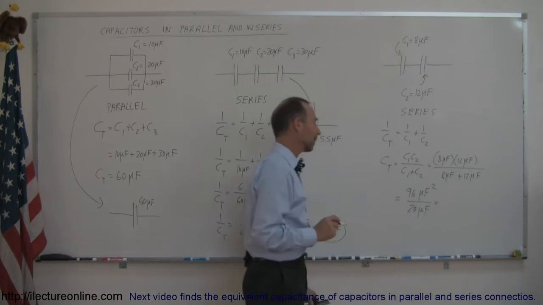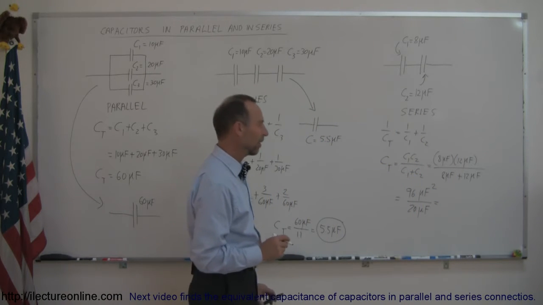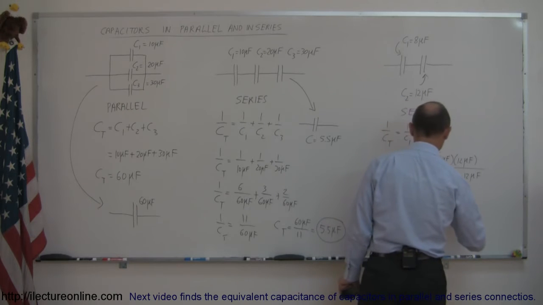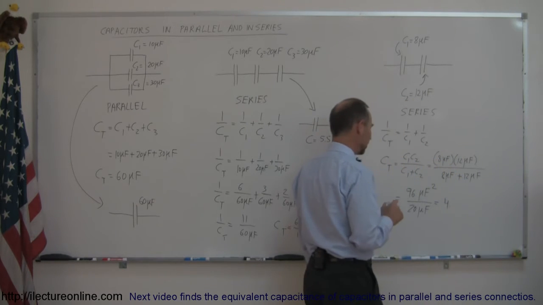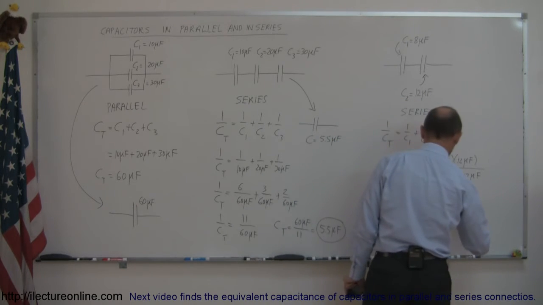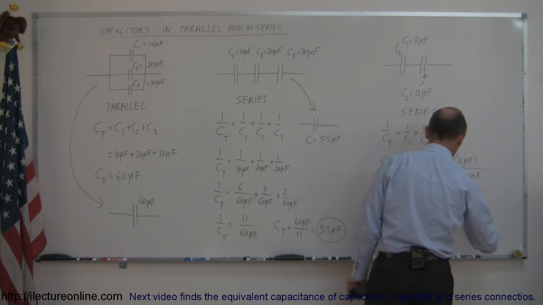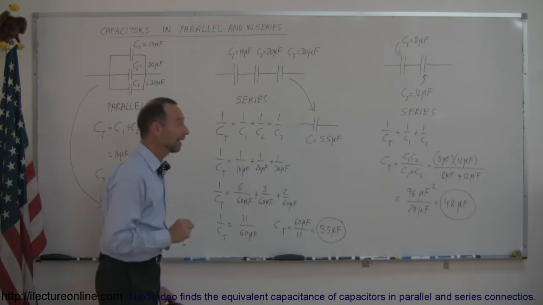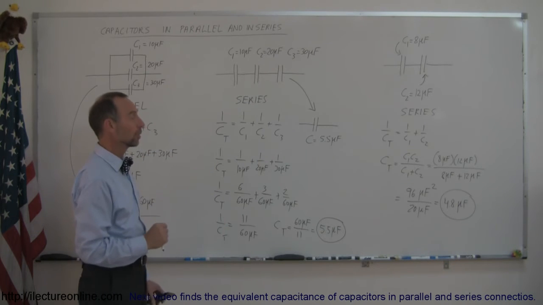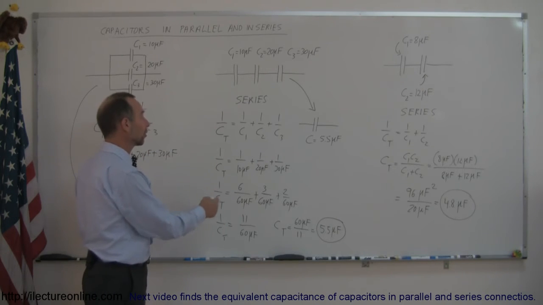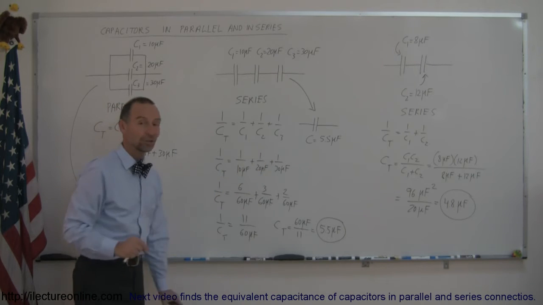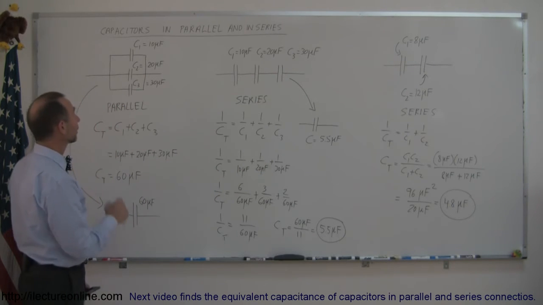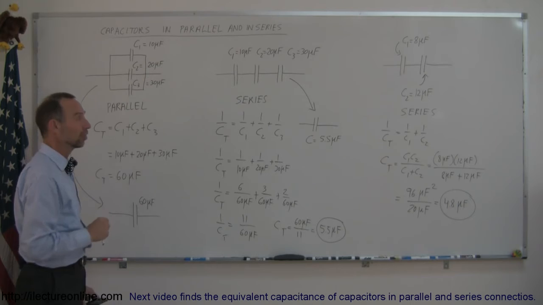And 96 divided by 20, well, that's almost 5. So that would be 4.8 microfarads. So you can see that when there's only two in series, it's a lot easier to use the product over the sum equation. If there's three or more in series, then you want to use this equation. And so that's how you work out capacitors in parallel and in series.